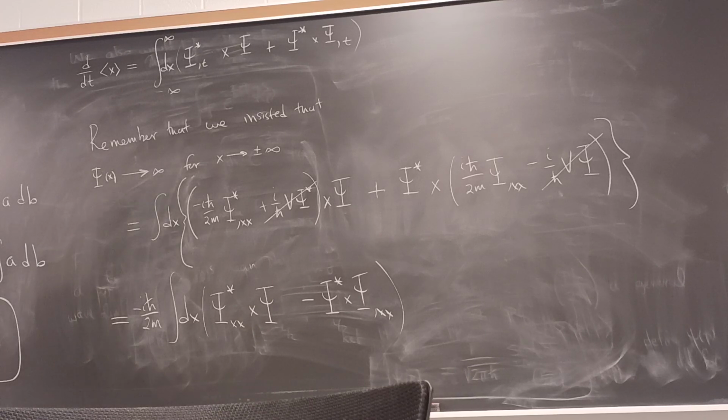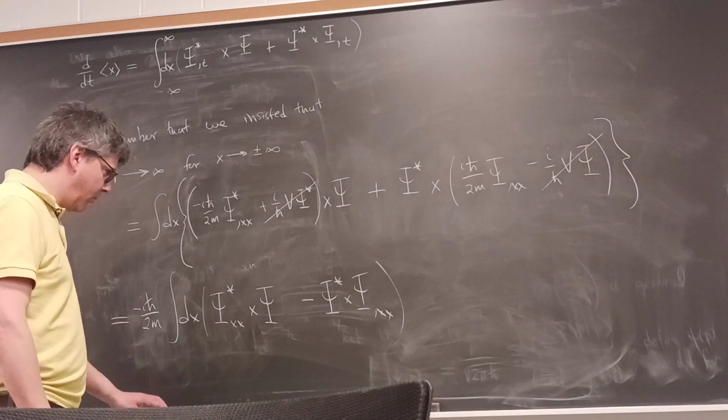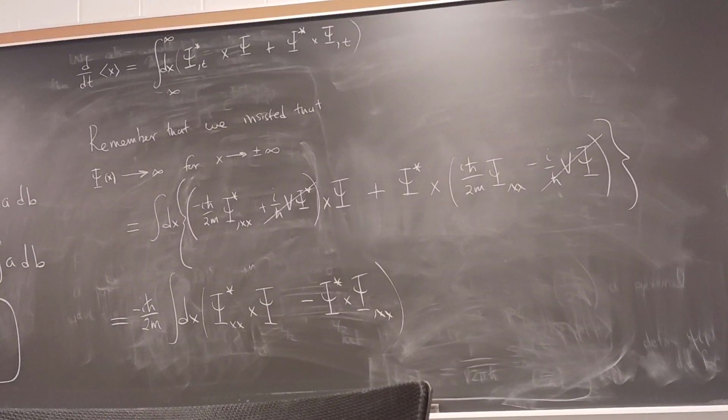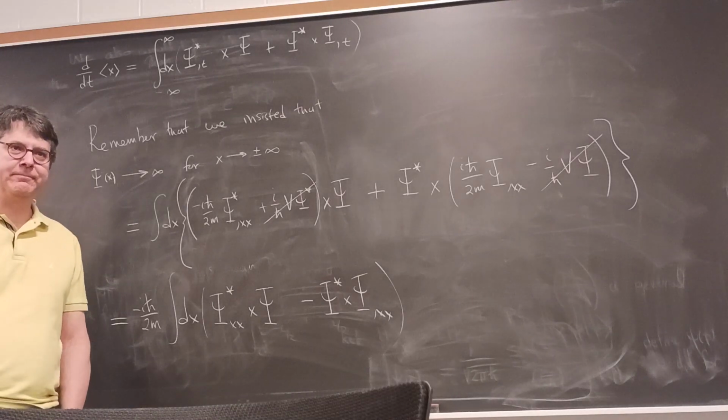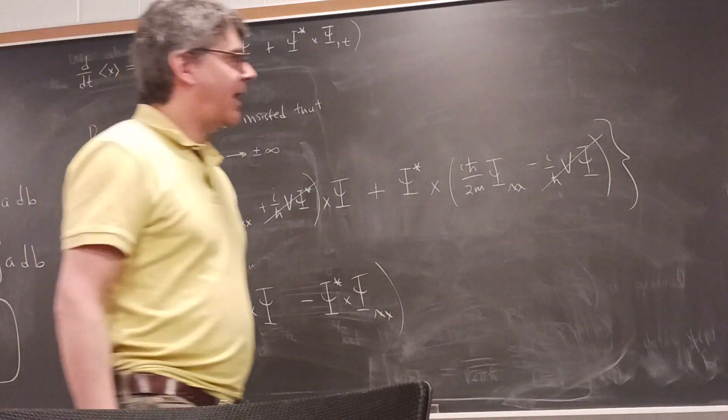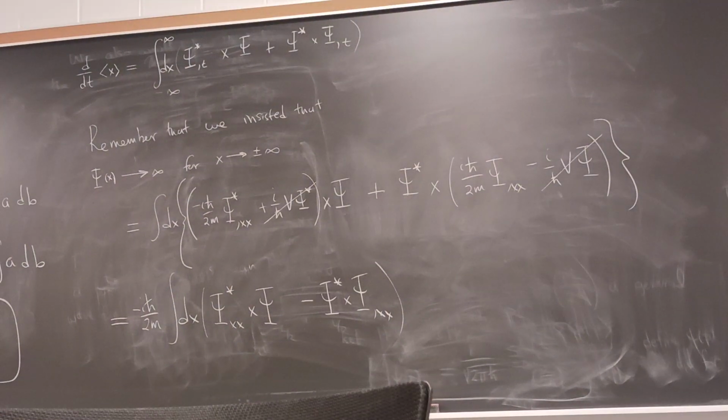All right, so first of all, what do we expect? It's really hard to solve a problem like this unless you kind of know what you're supposed to get. So what do you think we're supposed to get if we're calculating dx by dt, the derivative of the expectation value?